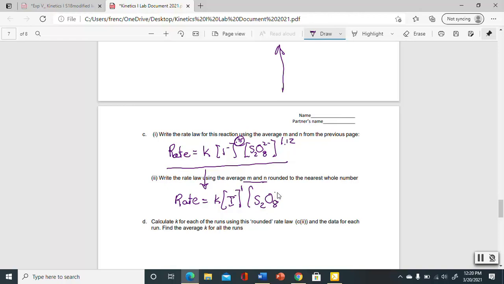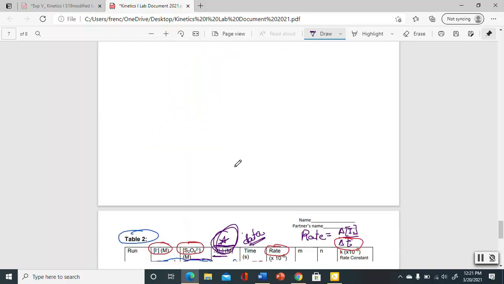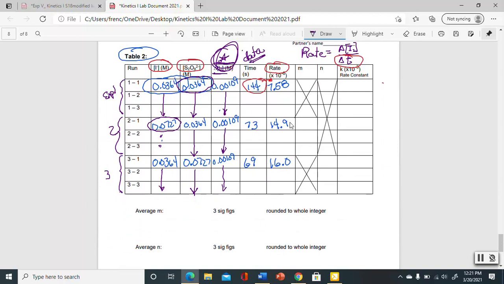Now, using this partially completed rate law, we can actually find the K. We can solve for the K using these rounded numbers, and that's just rate divided by iodide to whatever it is, times persulfate, whatever it is. And that'll give you K. And you'll find K for the 3 experiments. Now your M data will go in here, your N data will go in here, and you'll find your rate constant for all 9 trials.